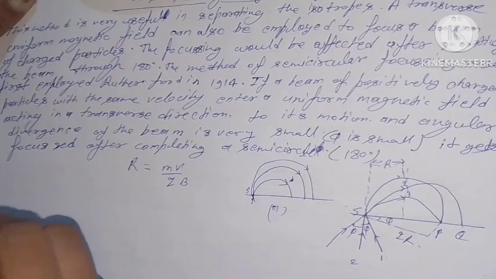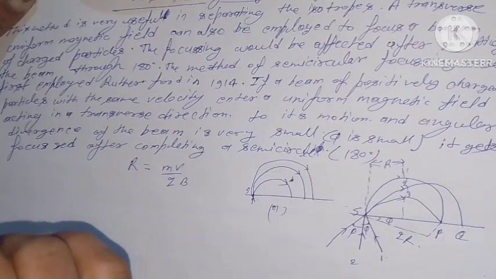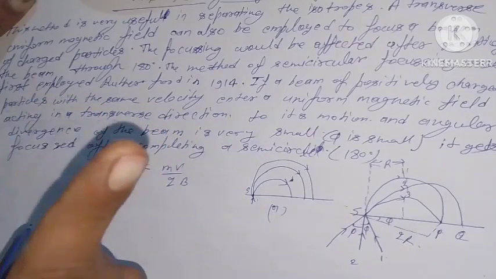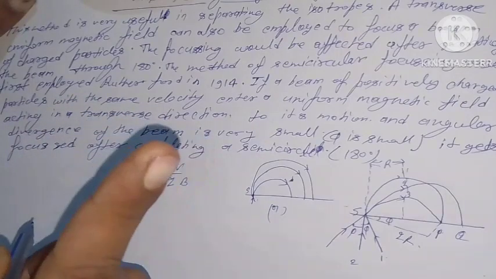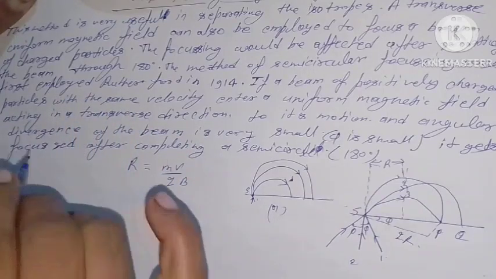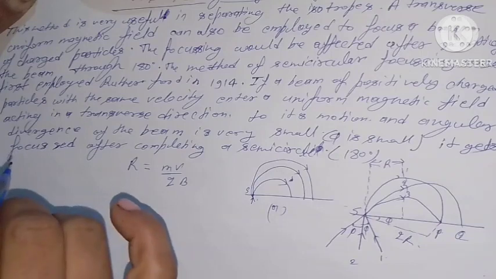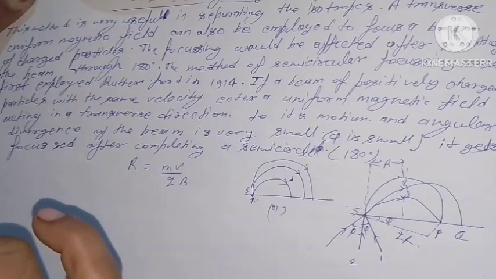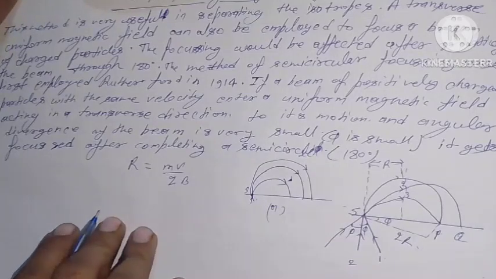For the particles having different values of mv and the beam is not spread, the radius of the semicircle will be different. Thus the particles having the same value of mv will get focused after 180-degree deflection at the same point. This is called the momentum selector principle.